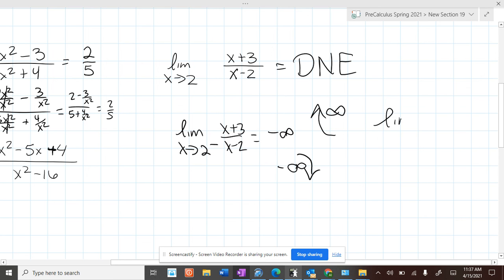If I said the limit as x approaches 2 from the right, then the answer would be infinity. But since it just says towards 2, that means it's coming from both directions. Well, that does not exist because it goes toward negative infinity in one place and infinity in the other.